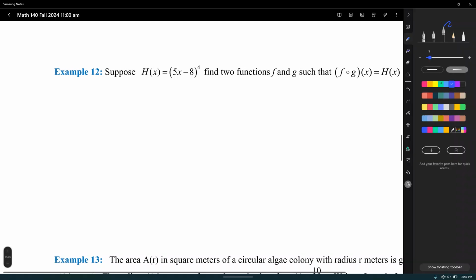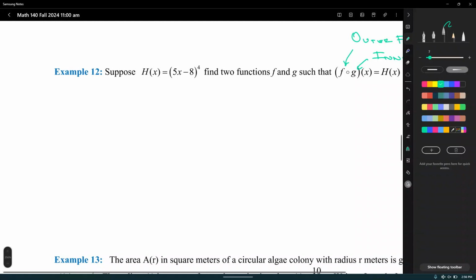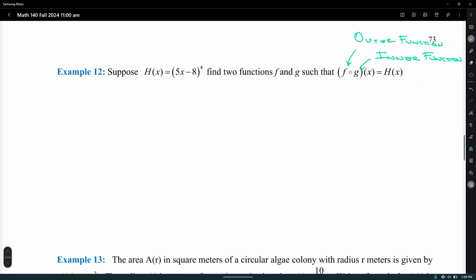Again, keep in mind that f is the outer function and g of x equals the inner function. Outer function, inner function. All right, let's explore a few options to do all this.